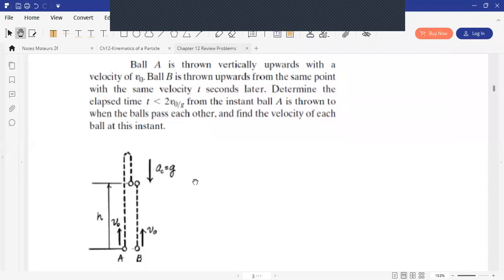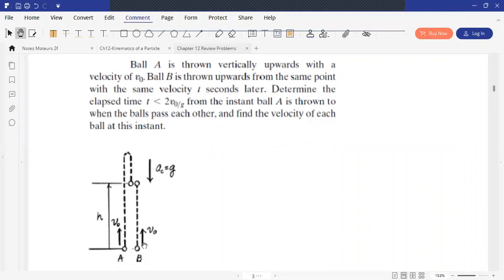First, I will find the equation of motion for A and for B. Once I find y of A and y of B, I will say that when they meet each other, y of A will be equal to y of B. So I can find the time where they will meet each other. And when they meet, can you tell me how will be the magnitude of their velocities?